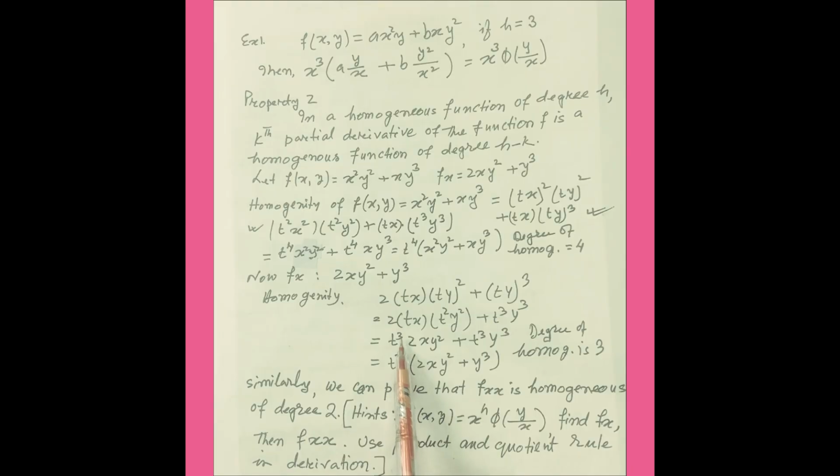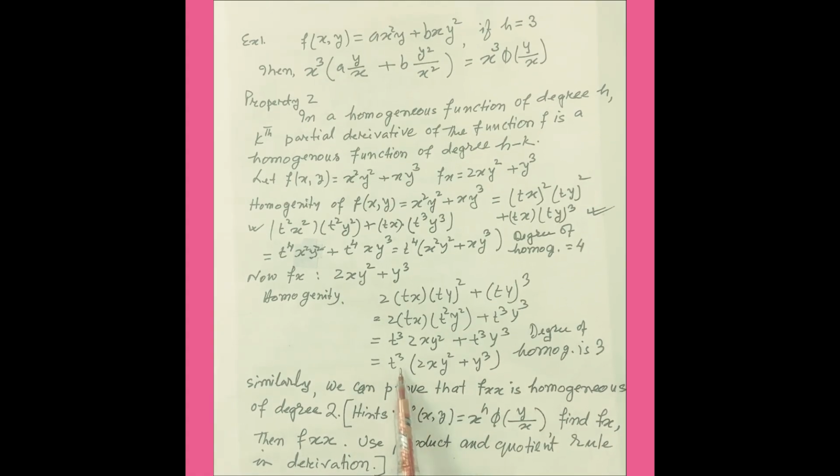So we can take t cube common. So t cube 2x y square plus t cube y cube.